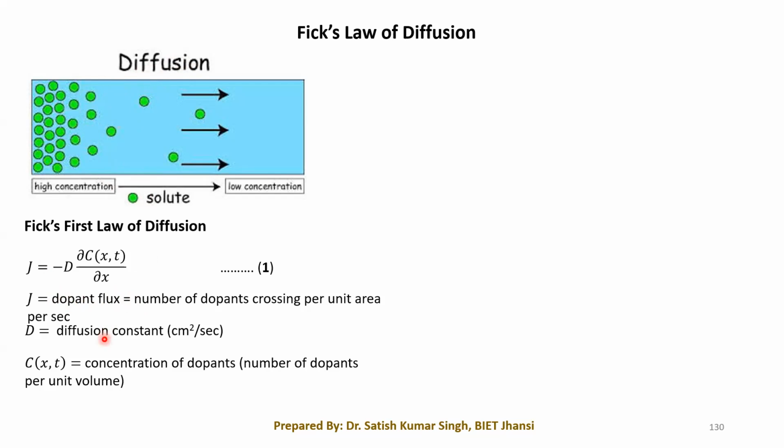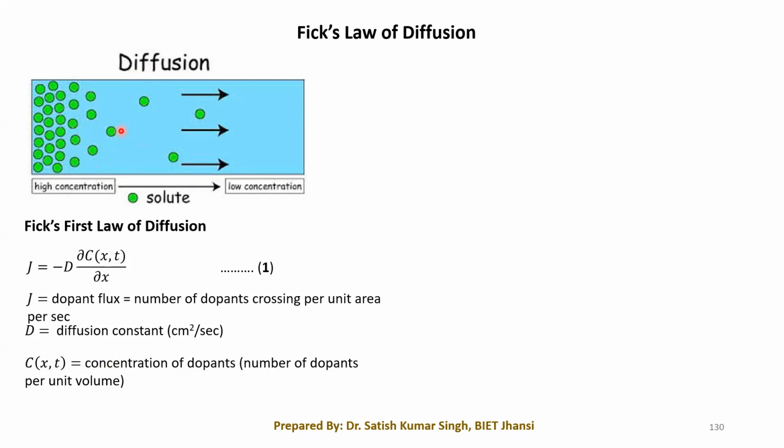J is the dopant flux and D is our diffusion constant. Normally the diffusion constant is measured in area per second, centimeter square per second or meter square per second. C(x,t) is the concentration of a dopant, the number of dopants per unit volume.